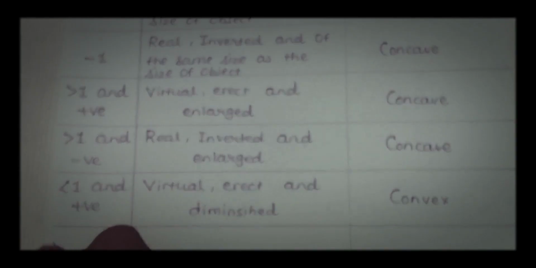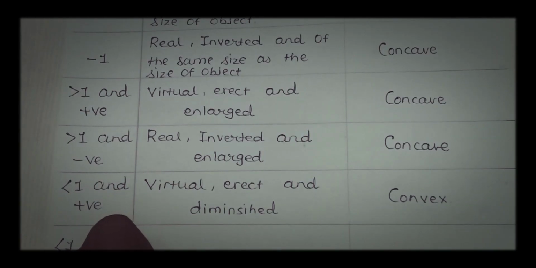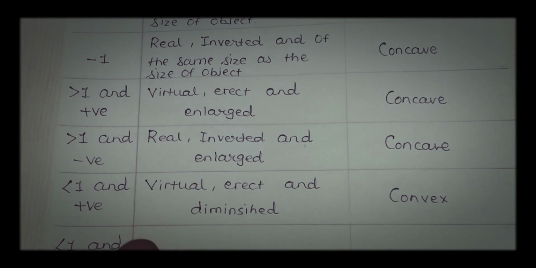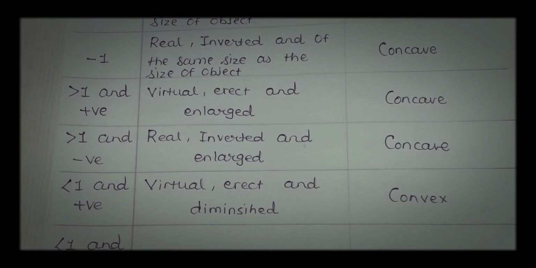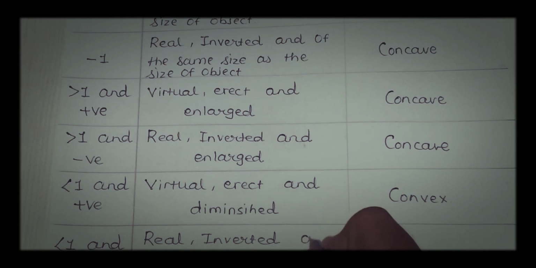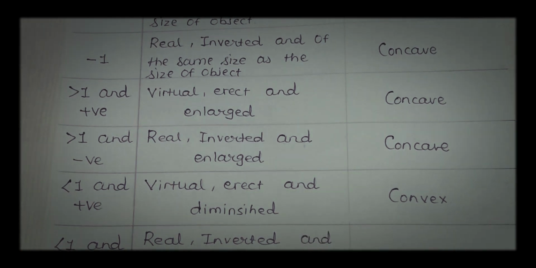Now last, less than 1 and negative. Here the sign is negative, so we can say that the nature of the image is real and inverted. Now we talk about its size.